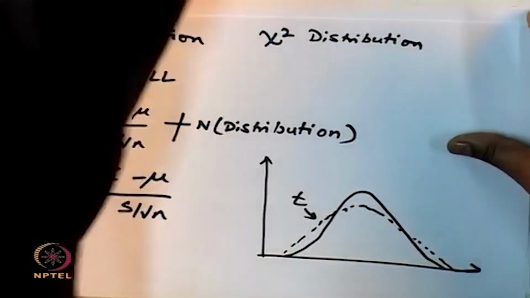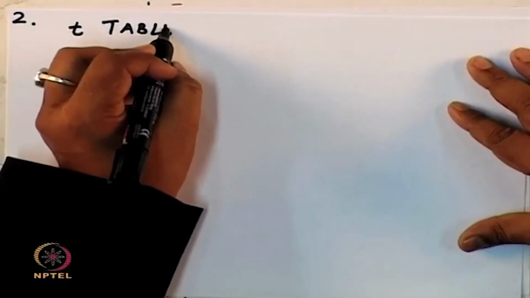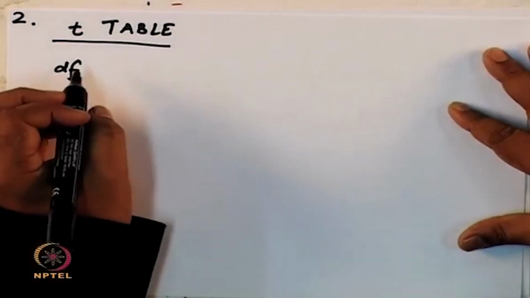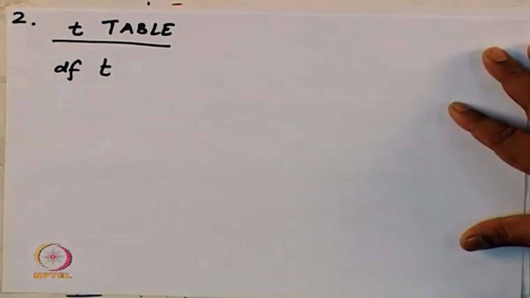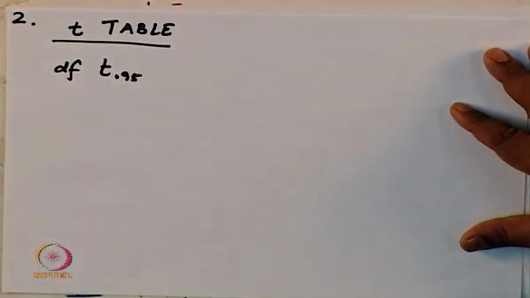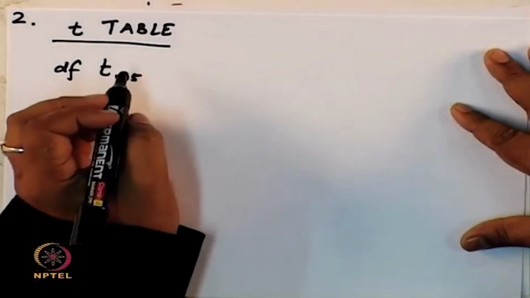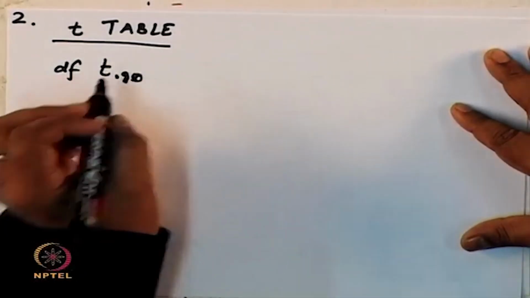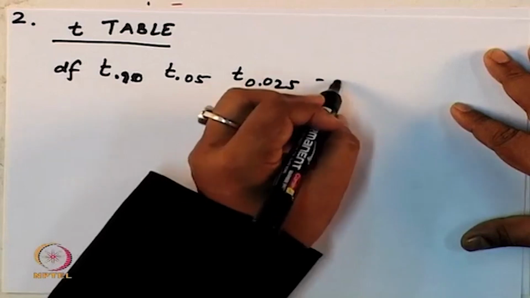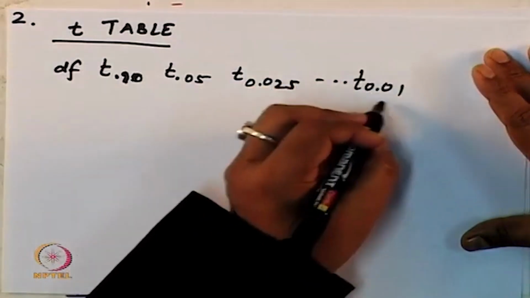The way to use a t test is to look up the t table, where you have df and then various t values: t of 0.1, t of 0.05, t of 0.025, and so on.